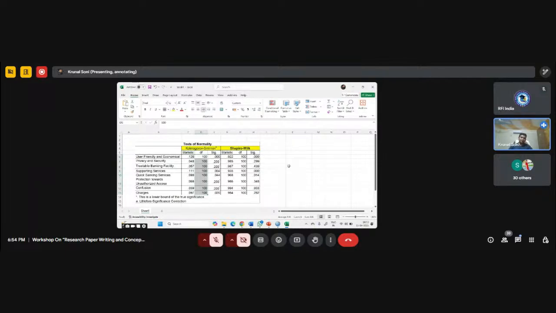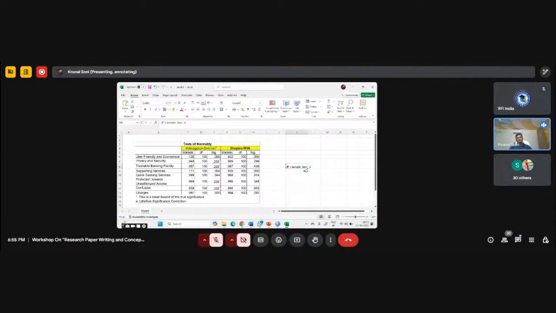What does degree of freedom mean? Degree of freedom is obtained from the formula sample size minus 1. So here your degree of freedom is how much? 100. So if I put 100, then minus 1 should be on this side, equal to the sample size. Should I get it? Yes or no?